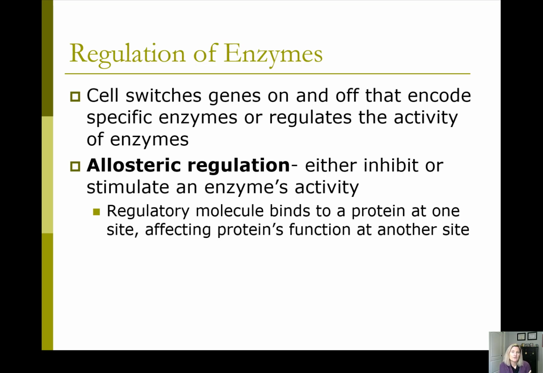We have certain genes inside of our body that encode for specific enzymes. They can tell your body to make more of the enzyme if we need more of that reaction to occur, or to shut it down and not produce any more enzyme if we don't need that reaction to occur as often. Our genes can also regulate the activity of the enzymes, causing them to turn on or off.